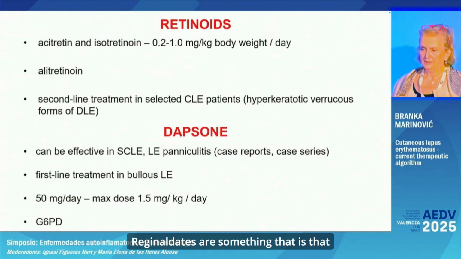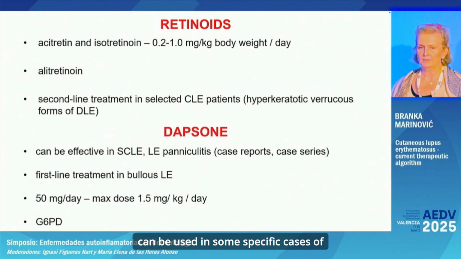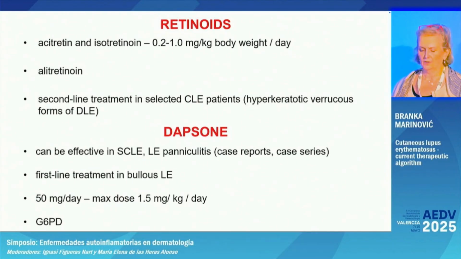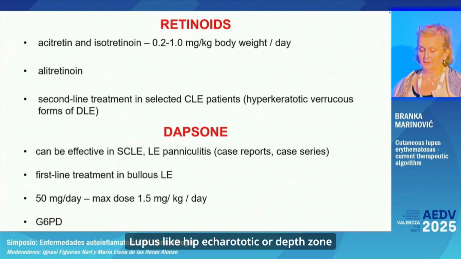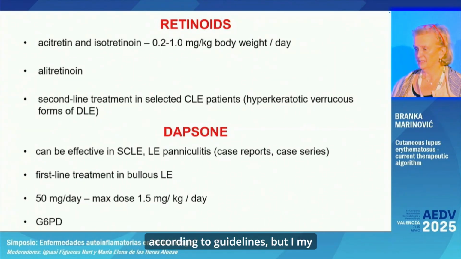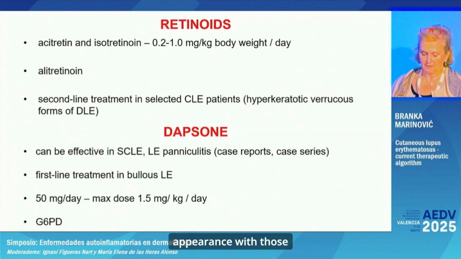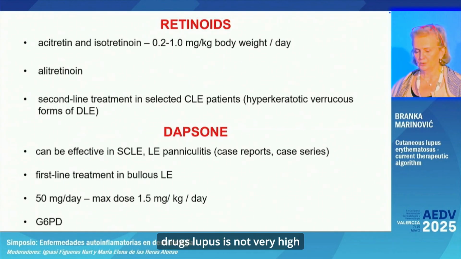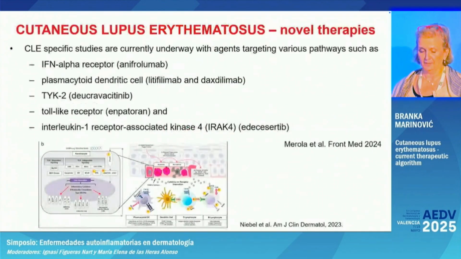Retinoids can be used in some specific cases of lupus, like hyperkeratotic, or dapsone can be used for bullous lupus erythematosus according to guidelines, but my experience with those drugs in lupus is not very high.